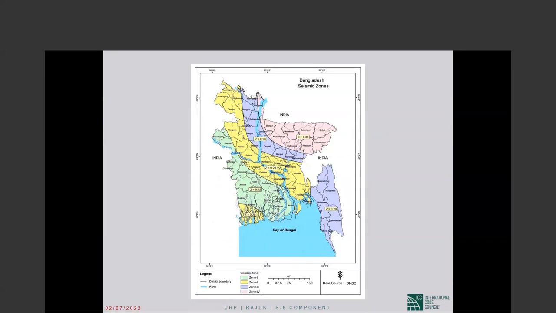I see Gazipur. From that writing, I do not know on what side of the line it is.